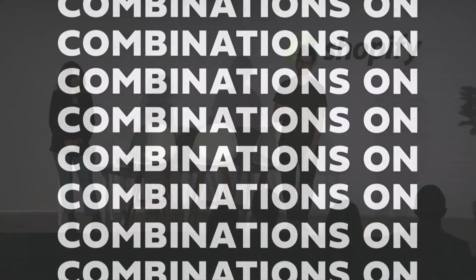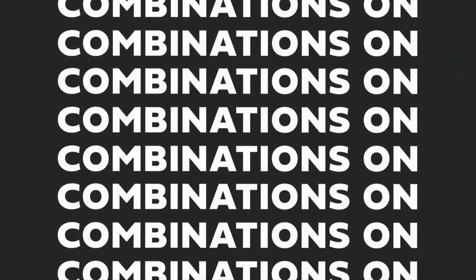Okay, so we've covered content types, but what about the sections that are comprised of them? How do we go about making sure that every theme is able to display every combination of content? Well, it's actually not that complicated. Today, themes already share a lot of the same sections that accept a lot of the same blocks.